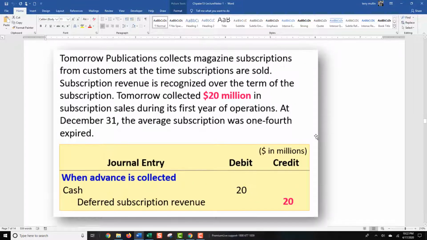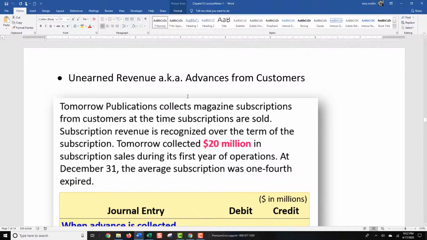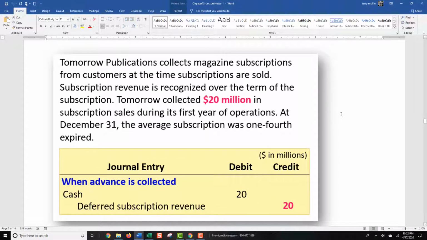Then the next one is unearned revenue, or advances from customers. And this would be, for example, magazine subscriptions. So subscription revenue is recognized over the term of the subscription.